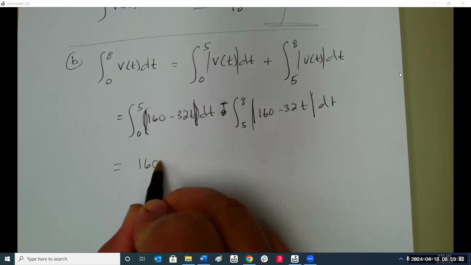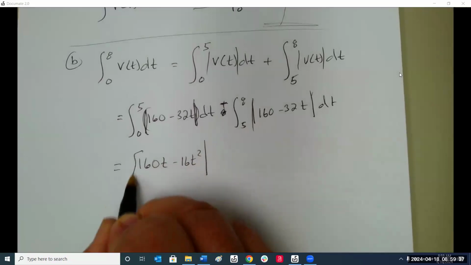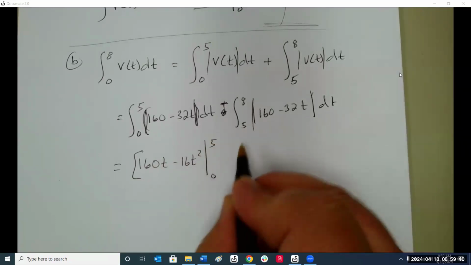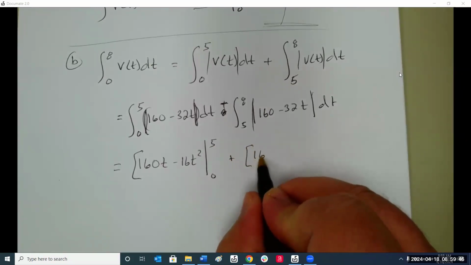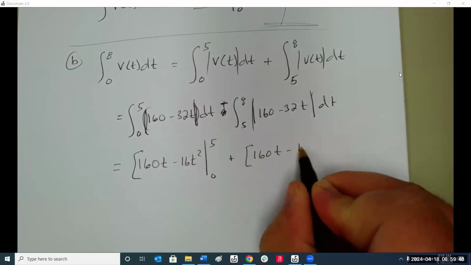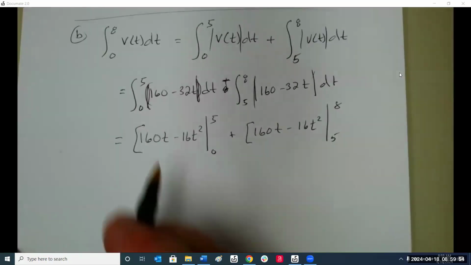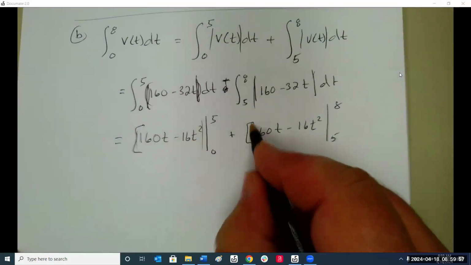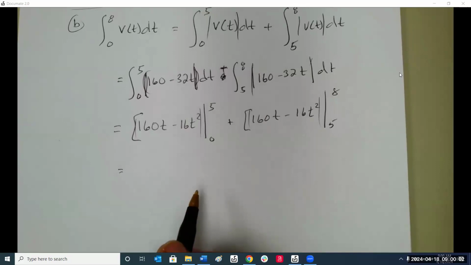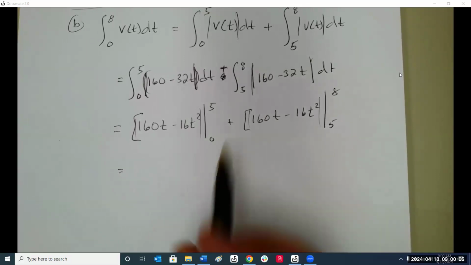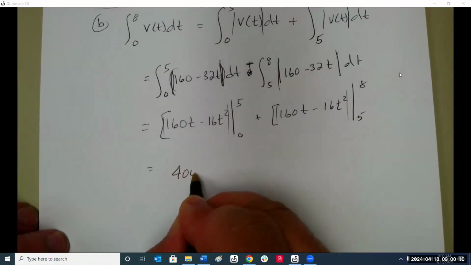So this is 160t minus 16t squared from 0 to 5, and then 160t minus 16t squared from 5 to 8. Again, these are absolute values. So what we figured up here, in this first interval, we got 400.